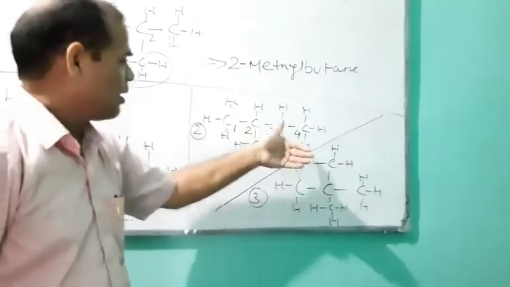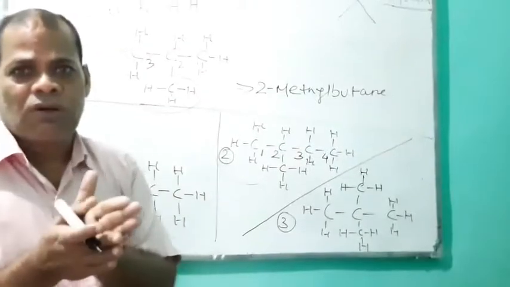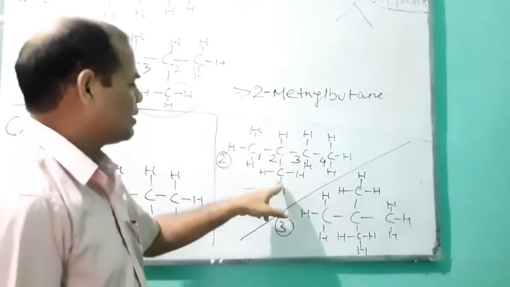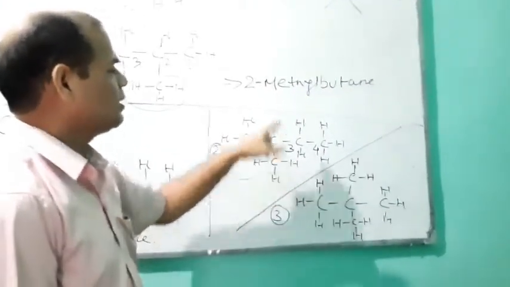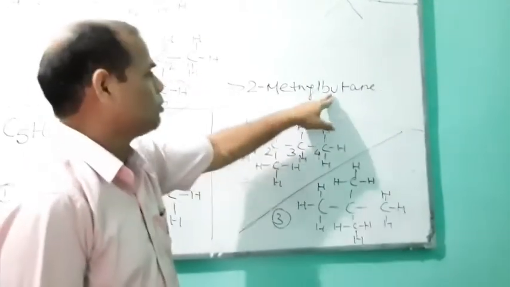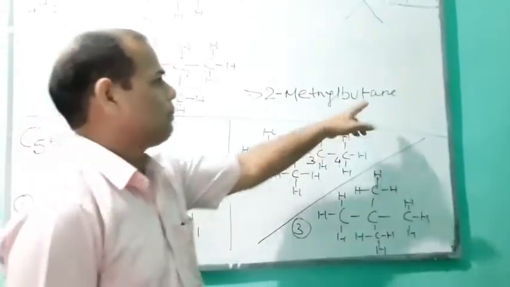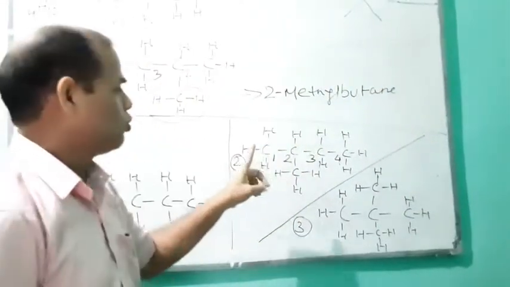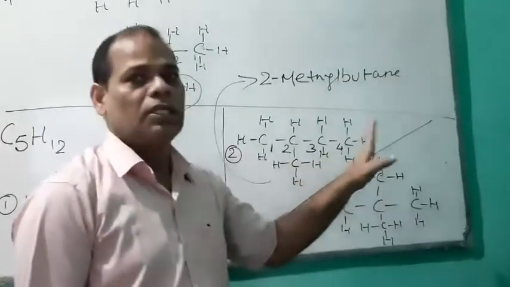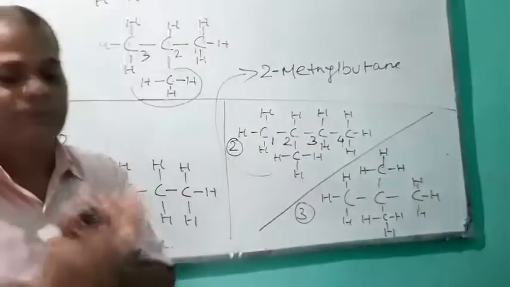While naming, first we have to locate the prefix. At the second carbon something is there. What is it? Methyl. Now the total number of carbons is 4, word root but, all connected by single covalent bonds, suffix ane. So 2-methylbutane is the IUPAC name of this compound.